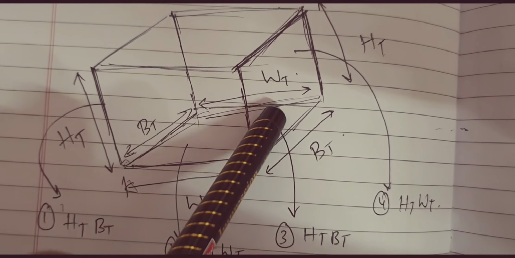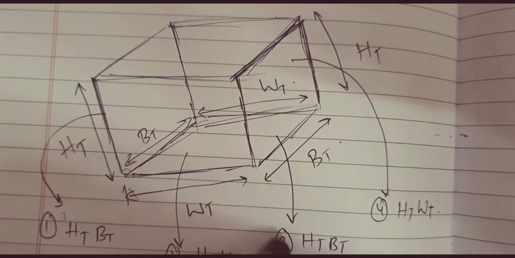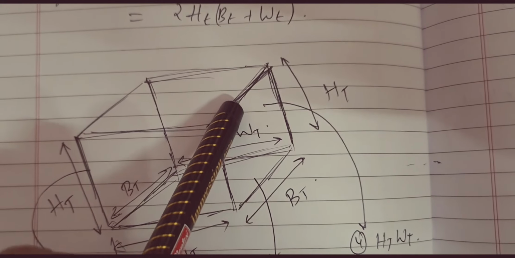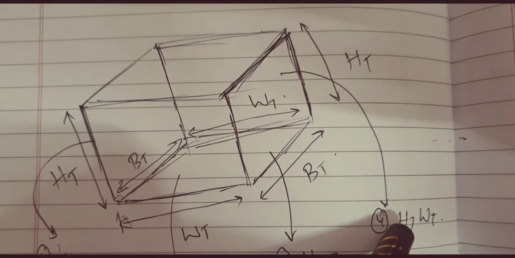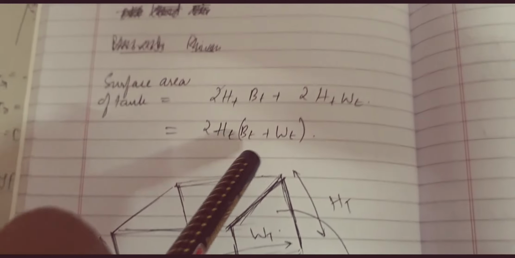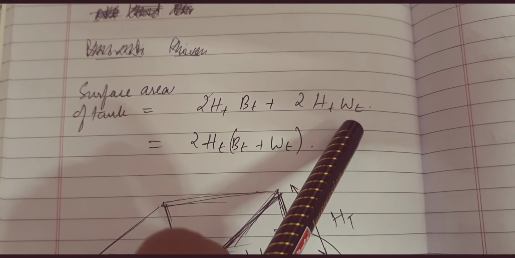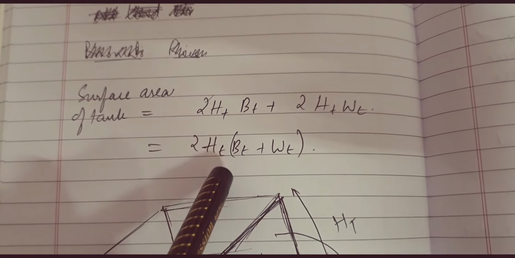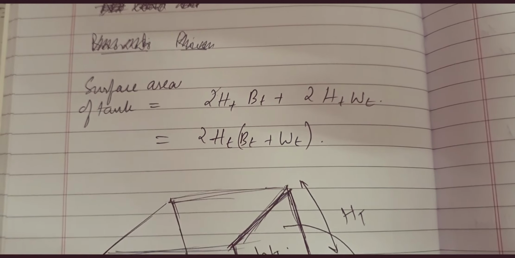This is your third surface area, HT into BT. And then this is your fourth surface area, HT into WT. When you add all these terms, you will get the total surface area as 2HTBT plus 2HTWT. Taking 2HT as common, you will get 2HT into the bracket BT plus WT.